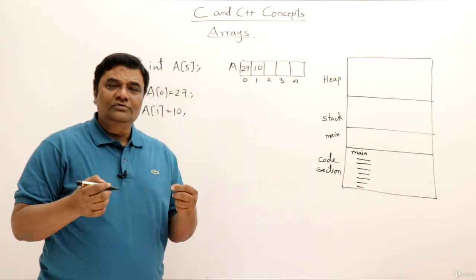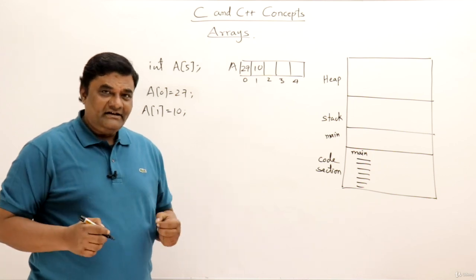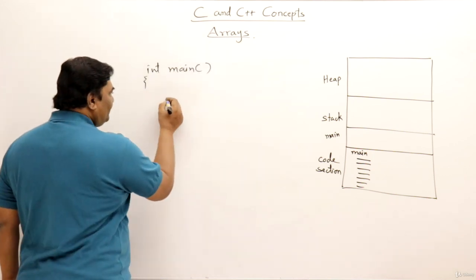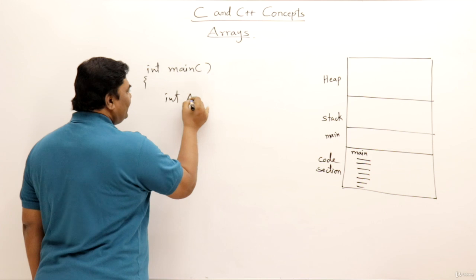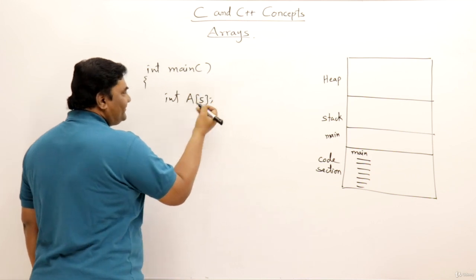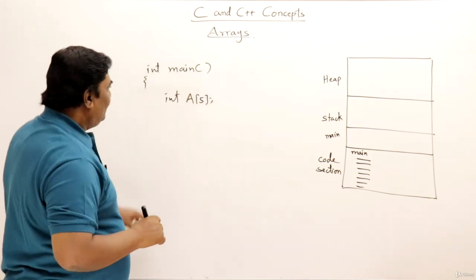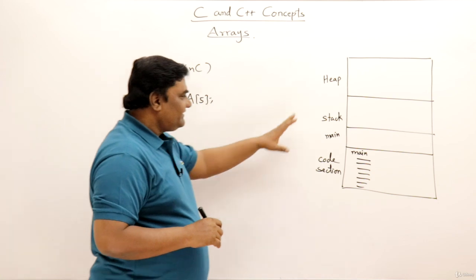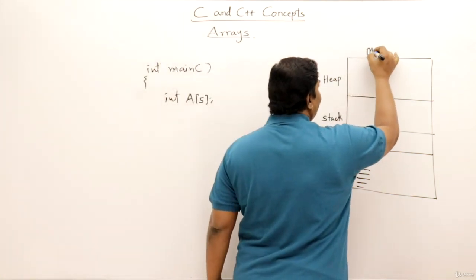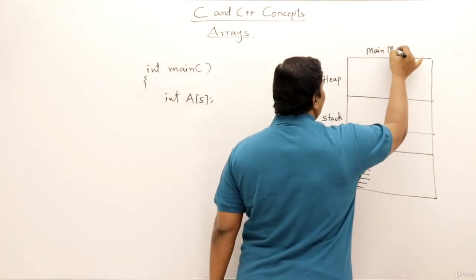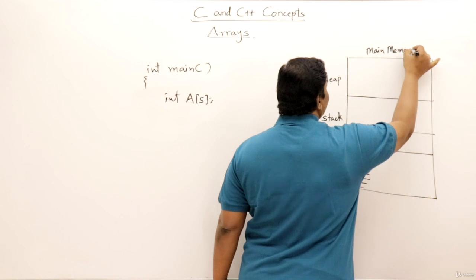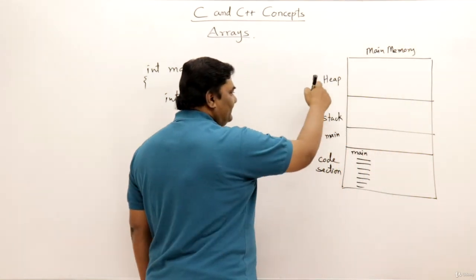Now I will show you how to declare and initialize an array. In the main function, suppose I want to declare an array a of size 5; an array of size 5 will be created. When the program is running, it runs inside the main memory. The main memory is divided into 3 sections: code section, stack and heap.